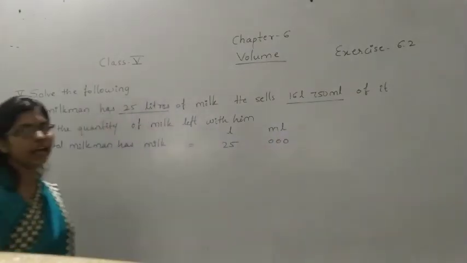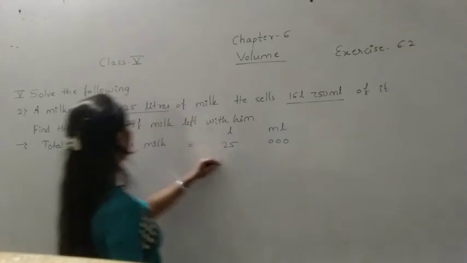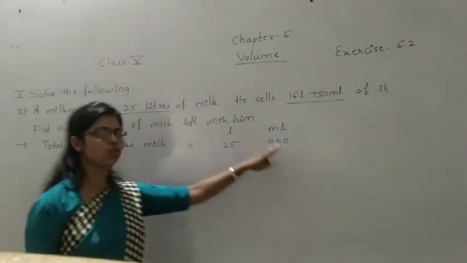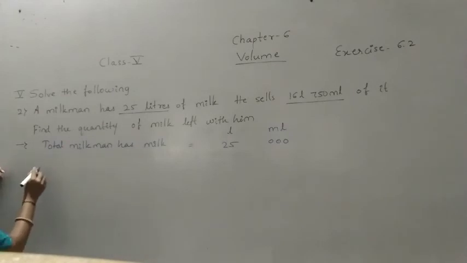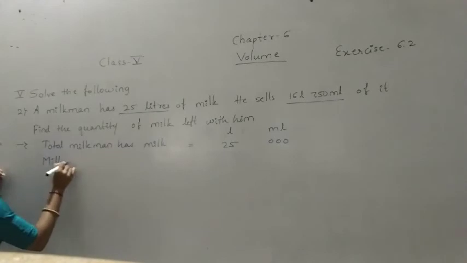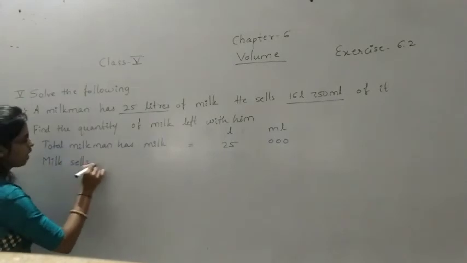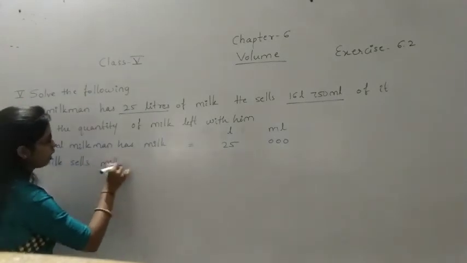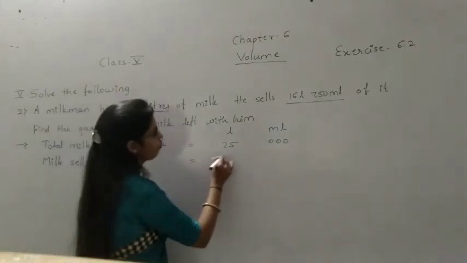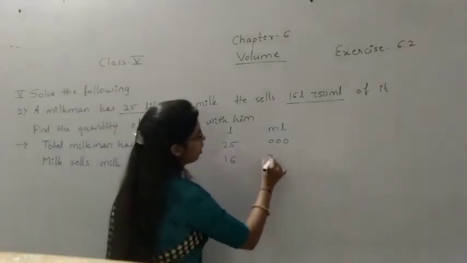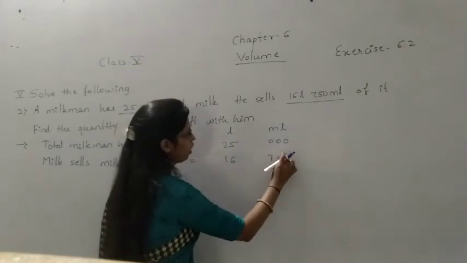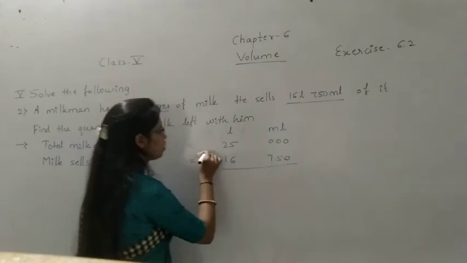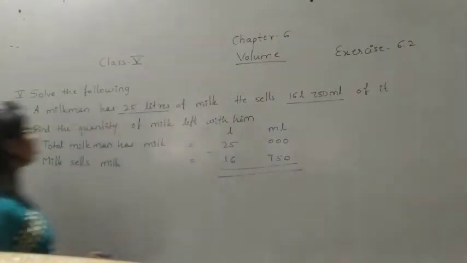There are no extra milliliters. And the next one is, the milkman sells milk, that is 16 liter 750 milliliter. We should do subtraction because what they asked is, find the quantity of milk left.